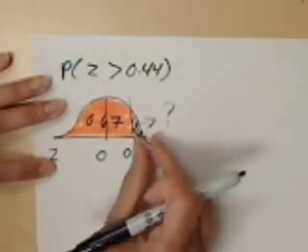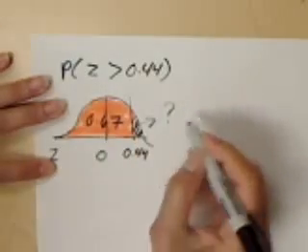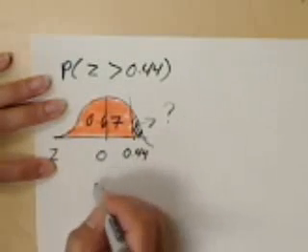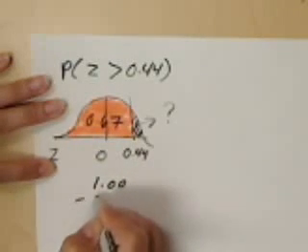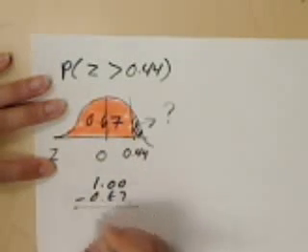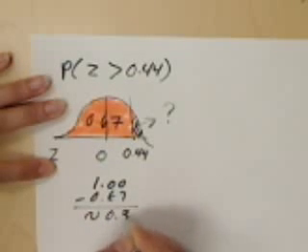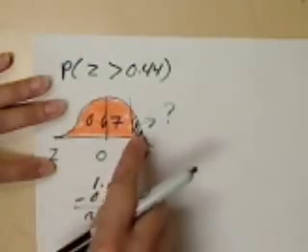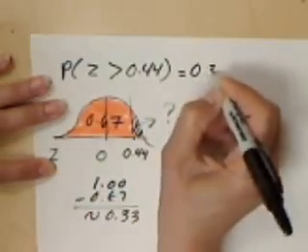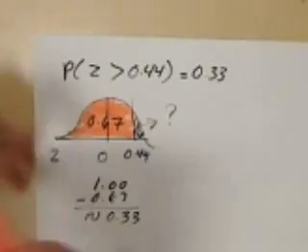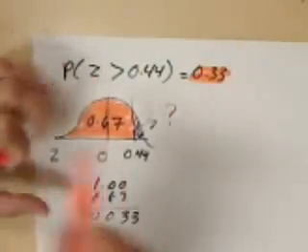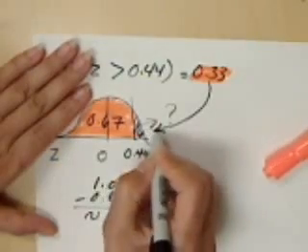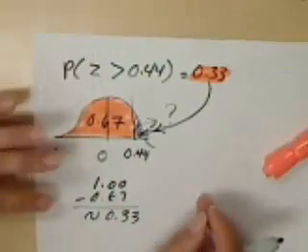Since I want this small tail, the answer would be, since total area under the curve is 1, I would have 1 minus 0.67, so approximately 0.33 would be the area over here, and that would be the answer to this question.